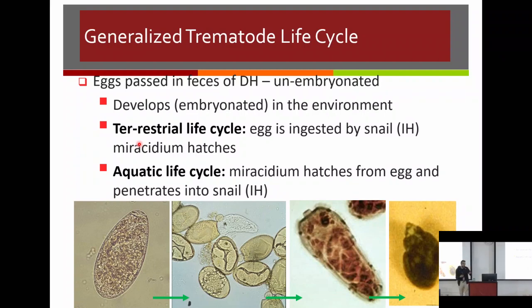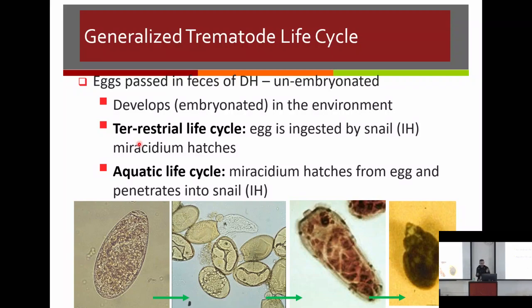But in the case of the aquatic type of life cycle, some flukes are aquatic. We'll talk about that one in tomorrow's lecture. So the miracidium hatch from the egg, and then they penetrate into the snail. So there's two types of life cycle: terrestrial and aquatic.